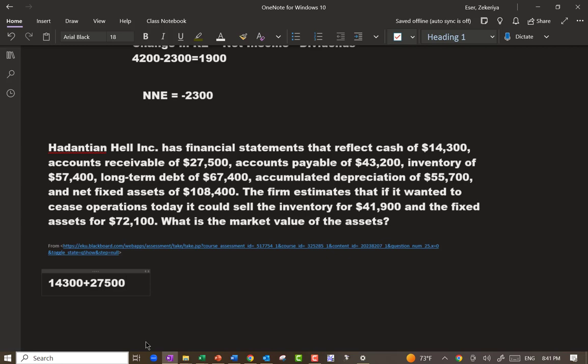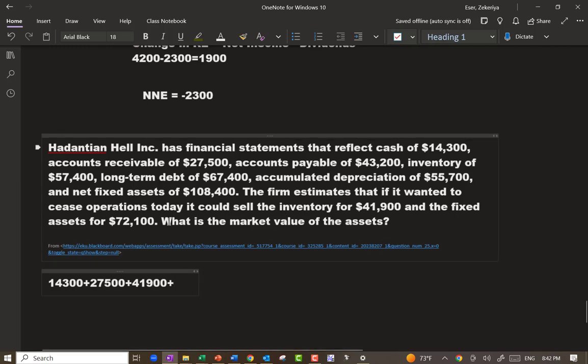Inventory, 57,400. It doesn't say anything about... oh, it could sell the inventory for 41,900. See, that's the book value of inventory, but it can be sold at 41,900. So that's the market value.